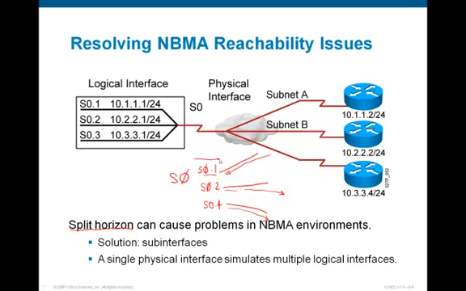So using this sub-interface method, we are able to work around the split horizon rule. So at the end of the day, all the remote sites are able to learn all routes, not just the HQ routes. They are able to learn everybody's routes, including each other's remote site routes.